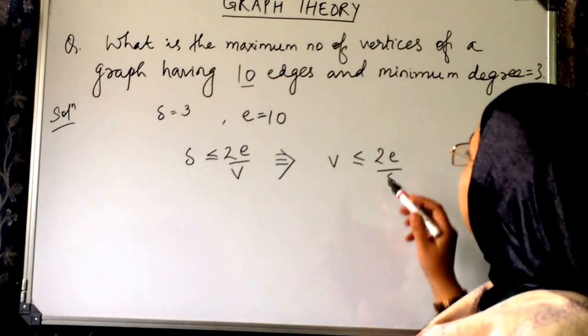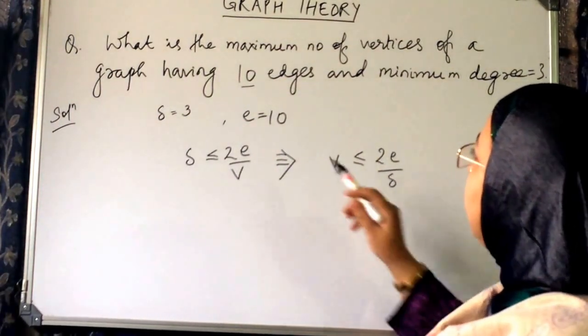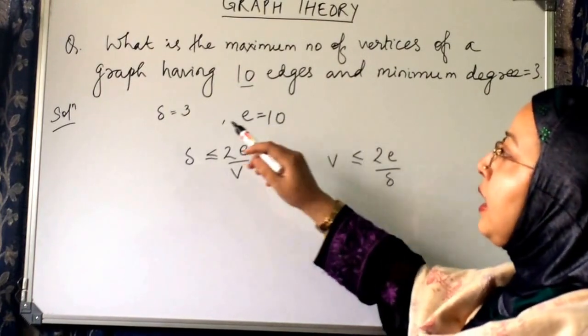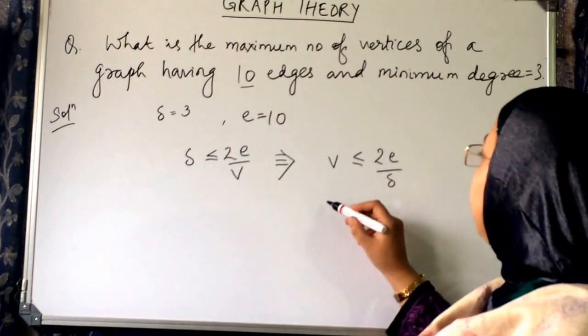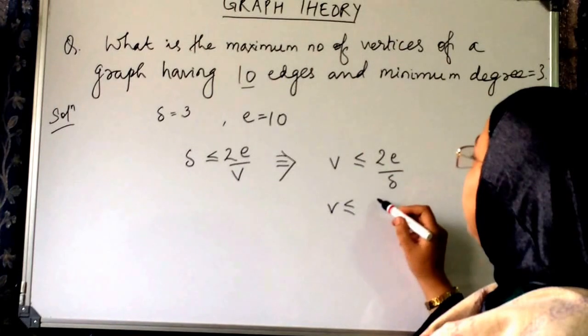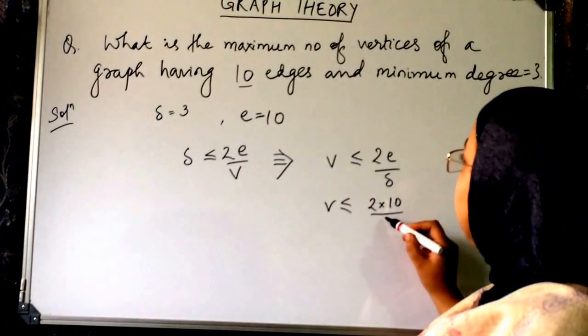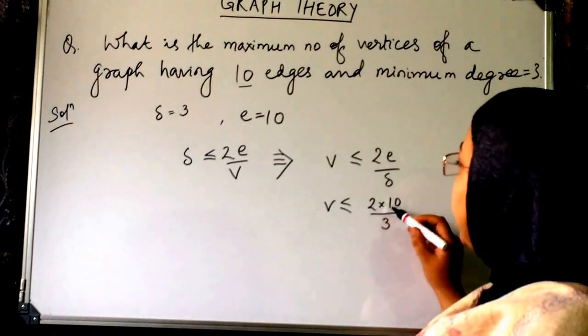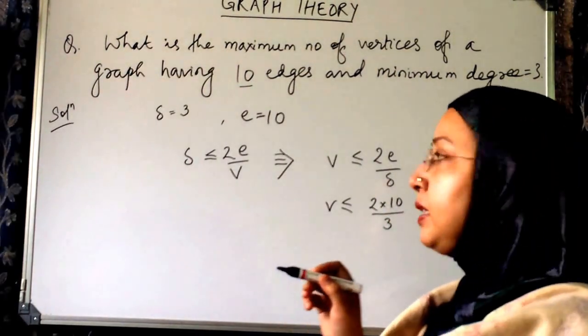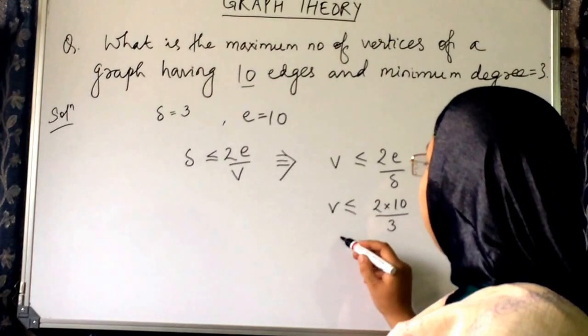So what is 2e by del? E is 10 and del is 3. Then v is less than or equal to 2 into 10 by 3, that is 20 by 3, which means 6.6.